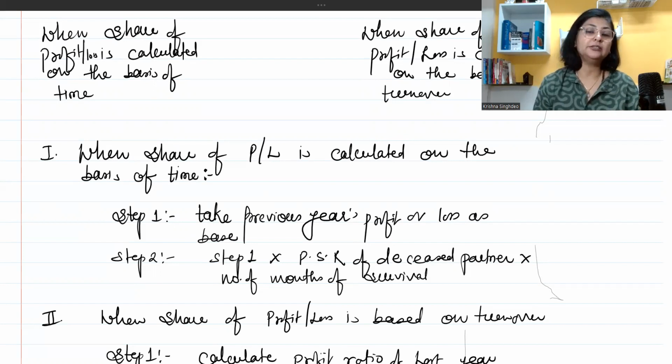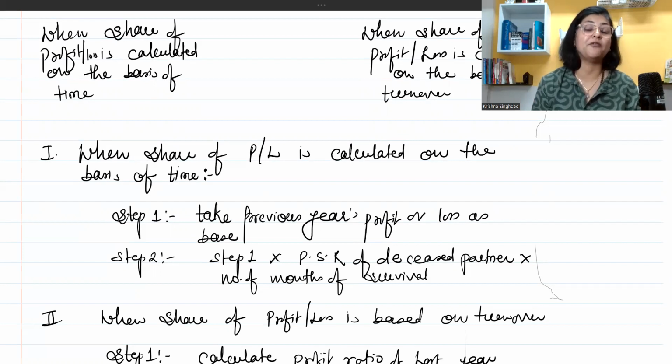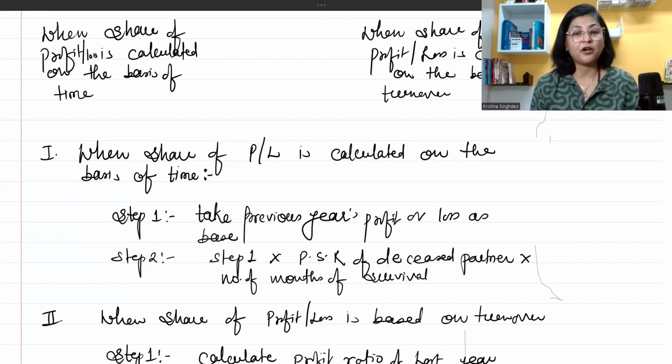So here, the important thing you have to keep in mind is that we have to calculate the share of profit of the deceased partner on the basis of his share of profit from the previous year's profit, as well as the number of months he survived. Because whatever profit is given to you, whether of the previous year or years, it will be yearly profit.